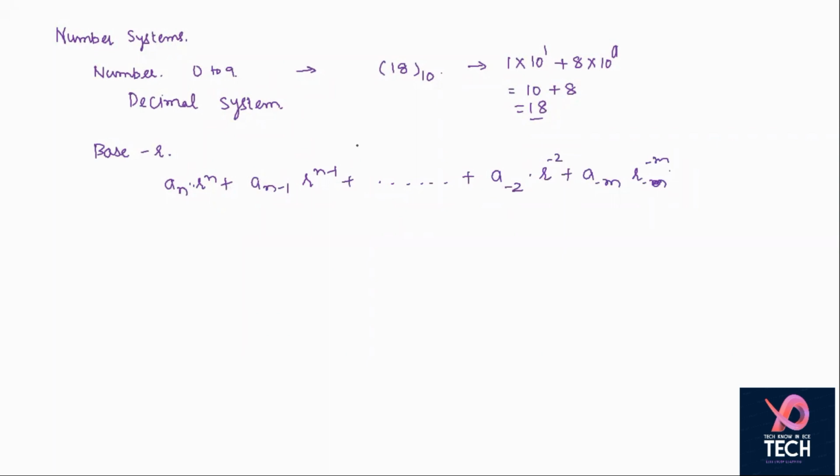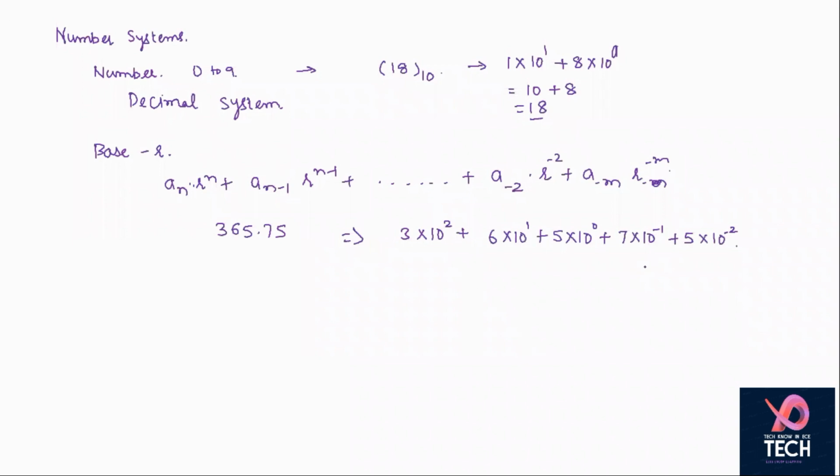Suppose you are familiar with base 10. When you write 365.75, it can be written as 3 into 10 raised to power 2, plus 6 into 10 raised to power 1, plus 5 into 10 raised to power 0, plus 7 into 10 raised to power minus 1, plus 5 into 10 raised to power minus 2.